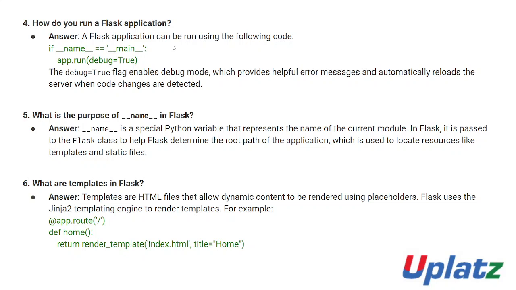A Flask application can be run using the following code: if __name__ == '__main__': app.run(debug=True). The debug=True flag enables debug mode, which provides helpful error messages and automatically reloads the server when code changes are detected. Okay.